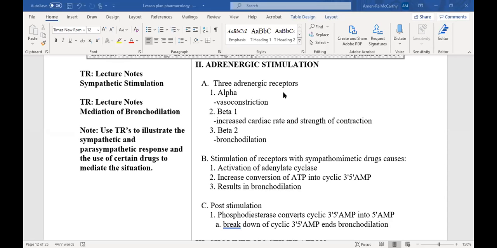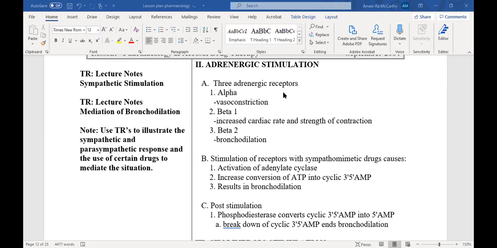All right, so we have the adrenergic stimulation. This is the adrenergic stimulation, which is the sympathetic nervous system side, also known as the sympathomimetic stimulation, right? It has 3 receptors. The sympathetic side has 3 receptors that cause all of the action. It's the alpha, beta 1, and beta 2.